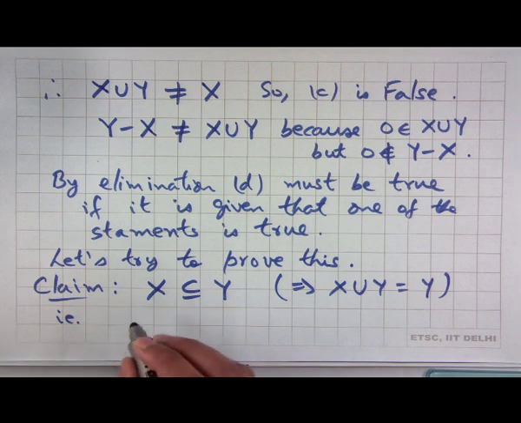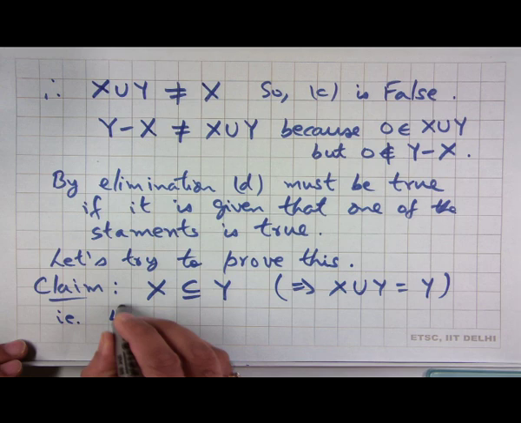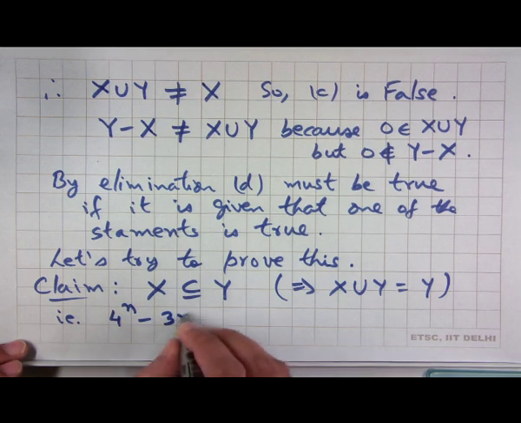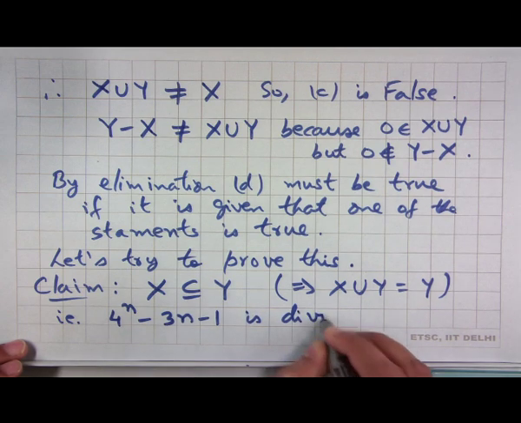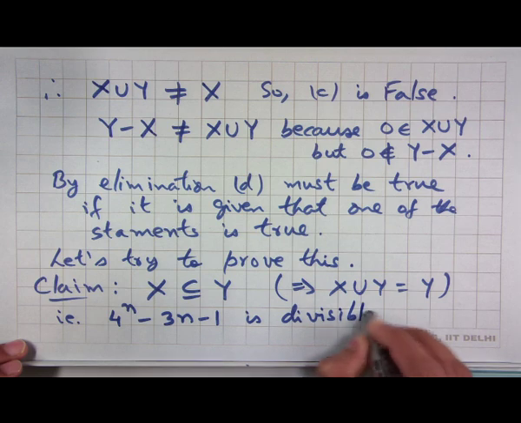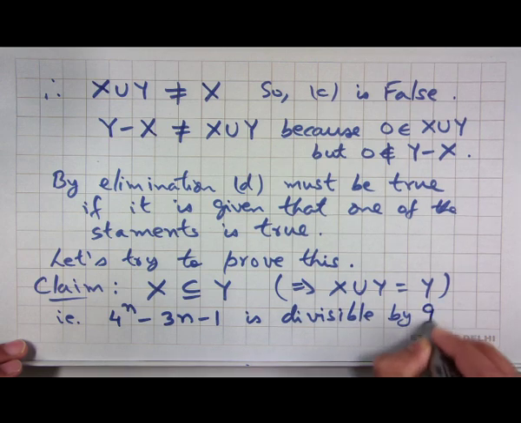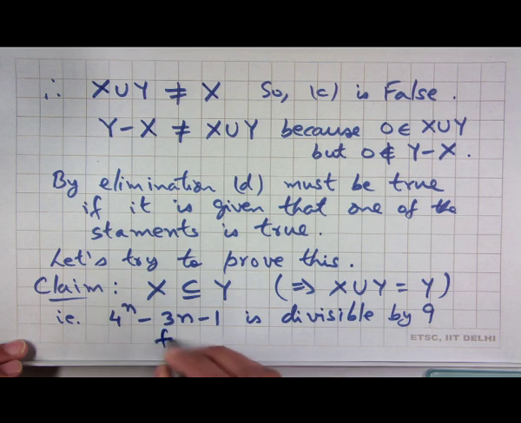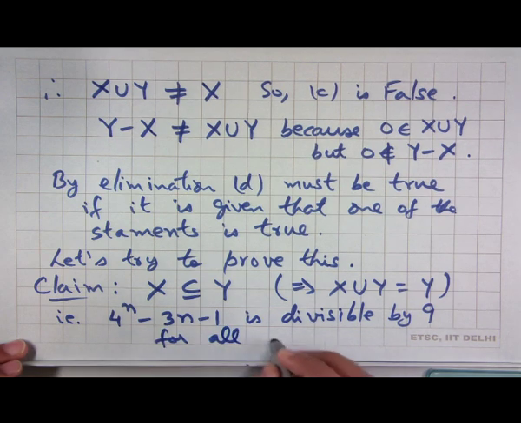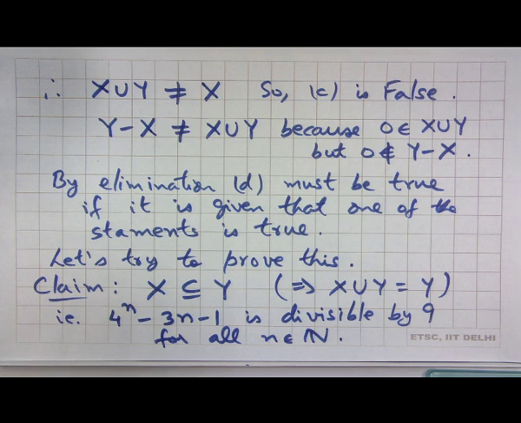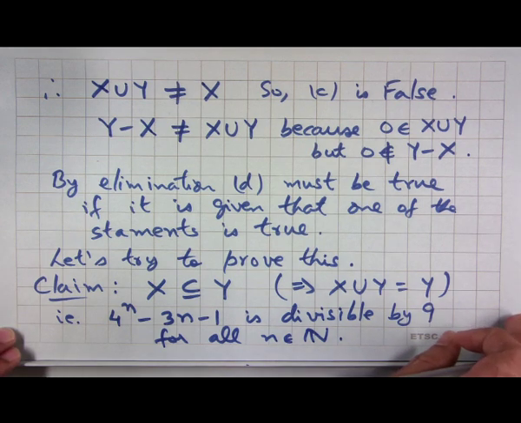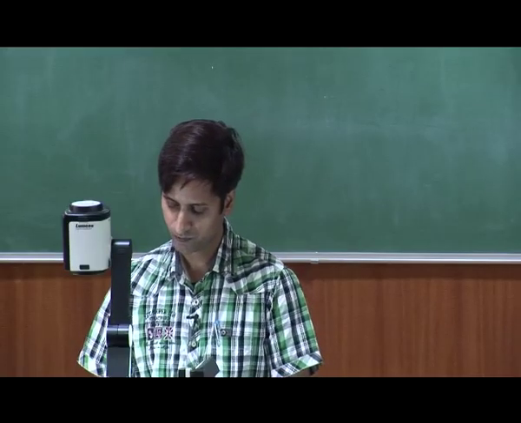We have to show that 4 to the n minus 3n minus 1 is divisible by 9 for every natural number n.